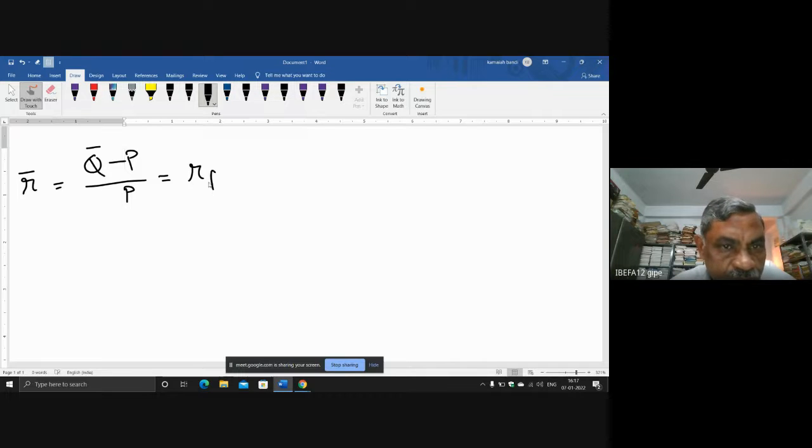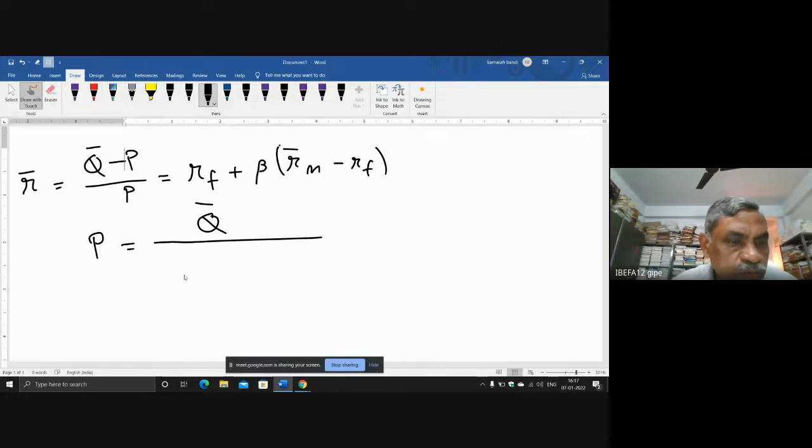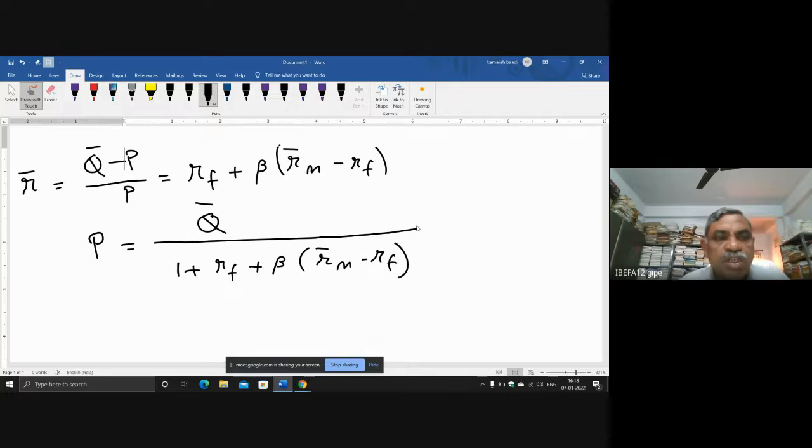This equals R of F plus beta into the market return minus R of F. Okay. Now from this, you invert this and work out P, write it in P on the left side. P equals Q bar upon 1 plus R of F plus beta multiplied by the market premium, okay. So this is the relationship that we may have, okay.